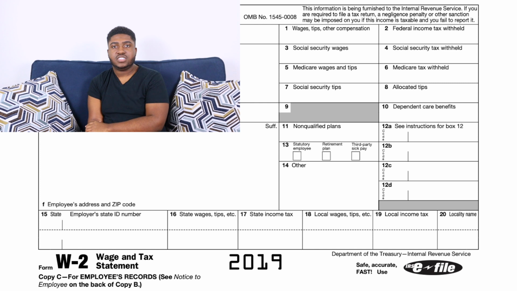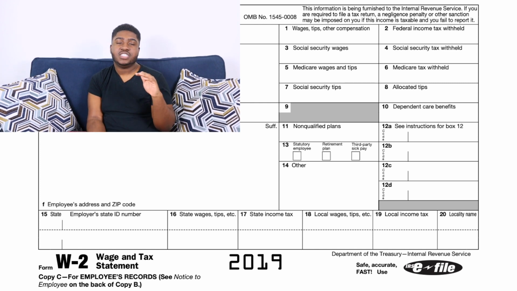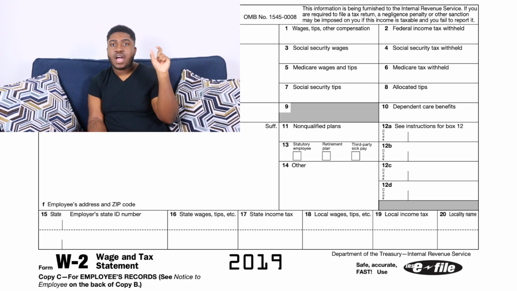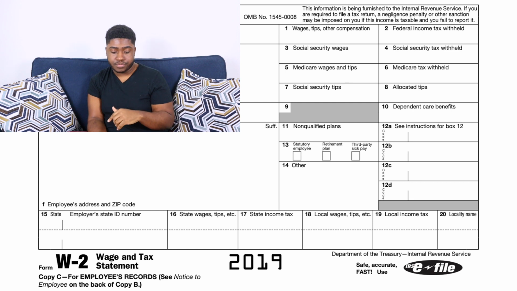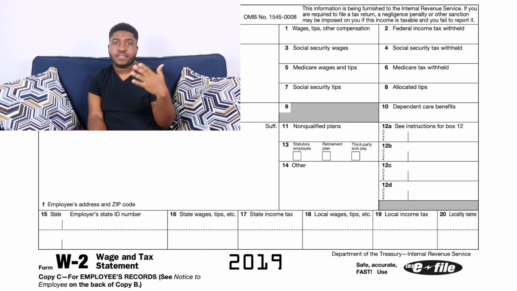So box 13 is generally going to be some check marks that you will see if one of the categories apply to you. The first one is statutory employee. This is an employee who is an independent contractor who qualifies for employee treatment. And the IRS will list what the difference between an independent contractor and an employee is, because there is a difference. We'll have that listed down in the description box below. Retirement plan: if you have contributed to your retirement plan, this box will generally be checked.